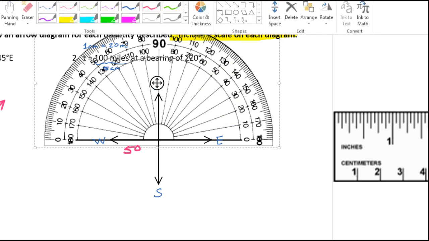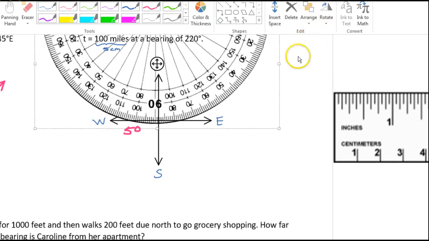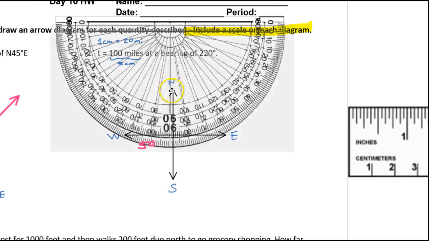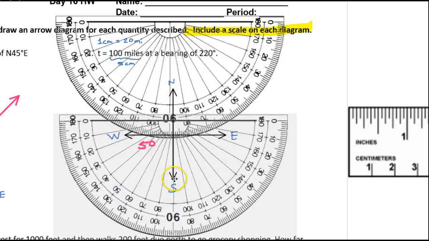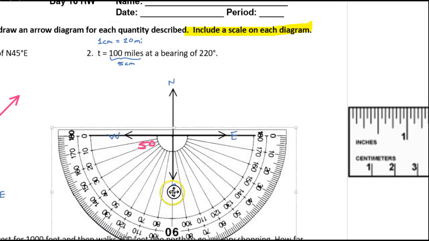Under the draw menu, I've got rotate. I could probably flip it, but I want to rotate it. I'll rotate it 90 degrees, and then another 90 degrees instead of flipping it. I think if I flipped it, all the numbers would be backwards. So now it's facing the way I need it to be, so I can just move it.